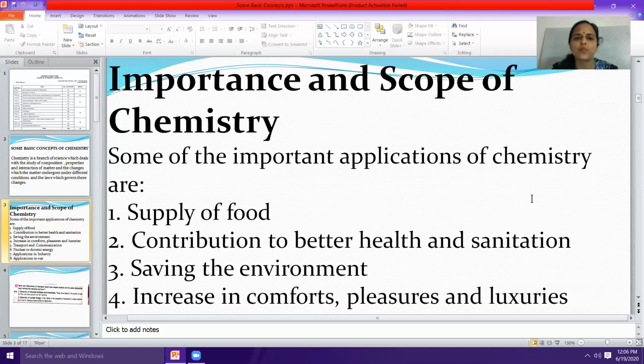So chemistry has provided chemical fertilizers like urea, ammonium sulfate, etc., which have increased the yield of fruits, vegetables, and crops. It has helped to protect the crops from insects and harmful bacteria by the use of certain effective insecticides and pesticides.